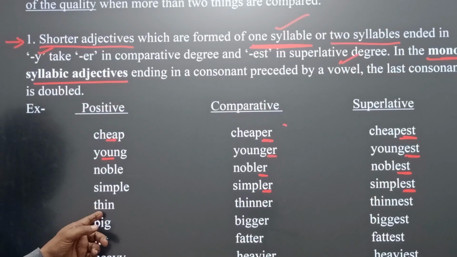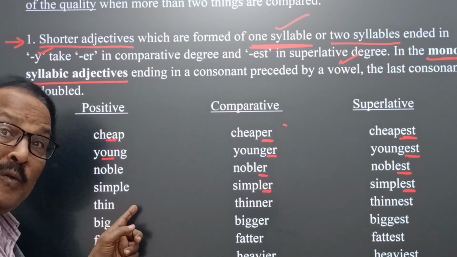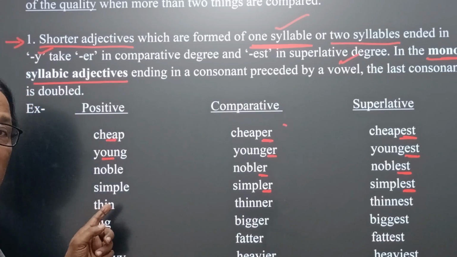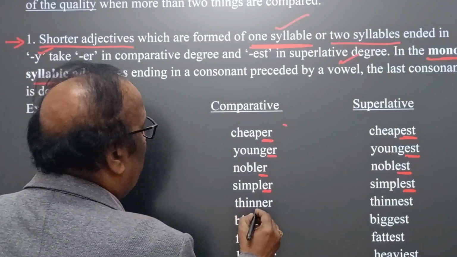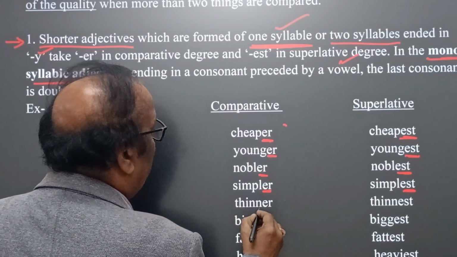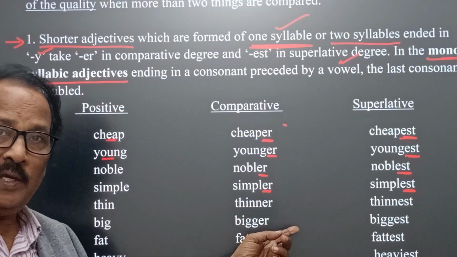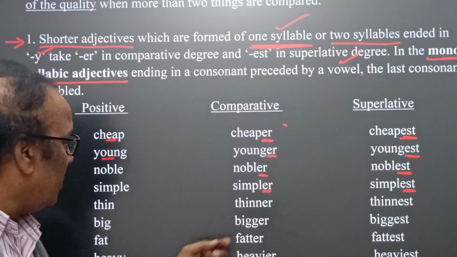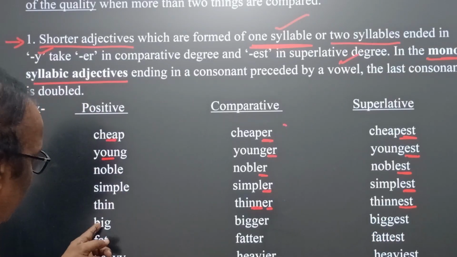Next, thin. Here, N is the consonant and before N there is a vowel, and hence we have to use N another. It means the last consonant is doubled here. Yes, and thinner, thinnest. Similarly, big.